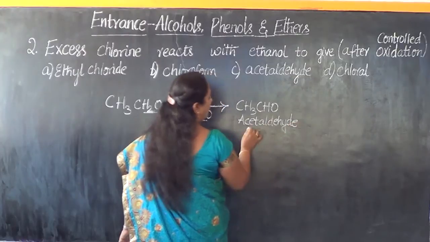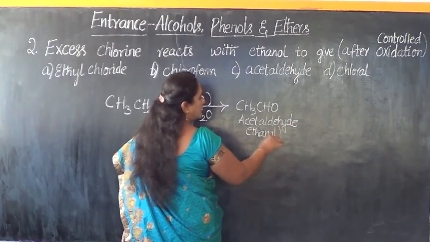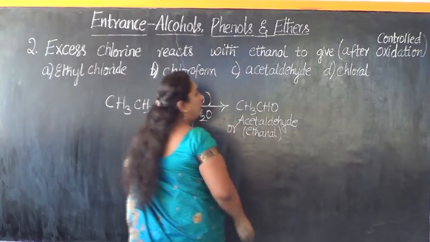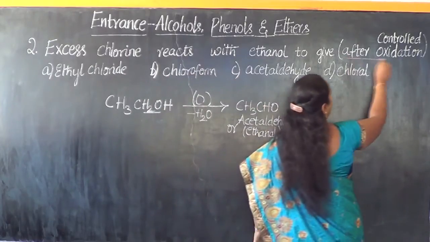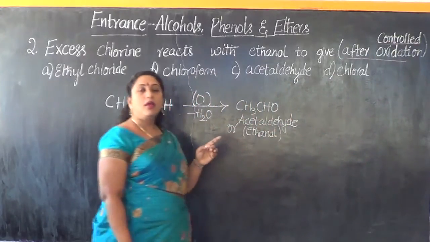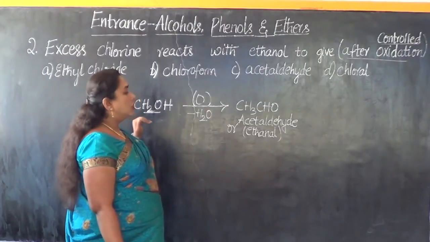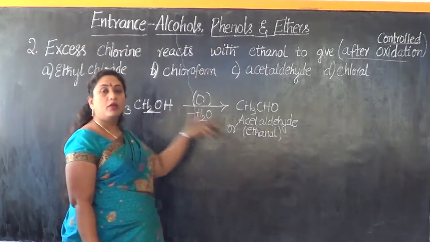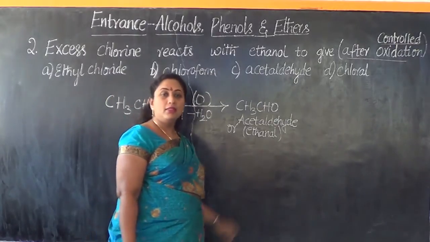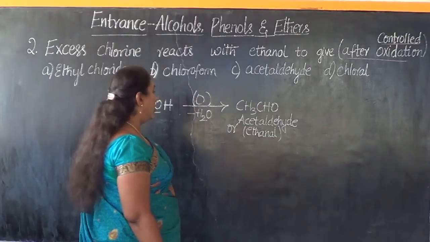Acetaldehyde or ethanal. Now why are we carrying out this process? Because it's been given as after controlled oxidation. Had this been given as after complete oxidation, then primary alcohols upon complete oxidation will yield us carboxylic acid containing the same number of carbon atoms.